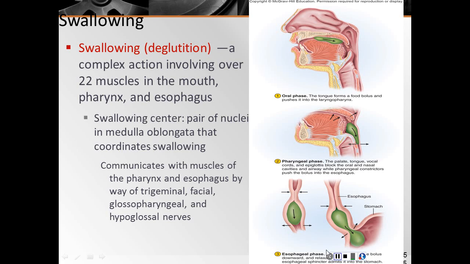Now, this last phase, the esophageal phase, is moderated by a short reflex through the myenteric nerve plexus.